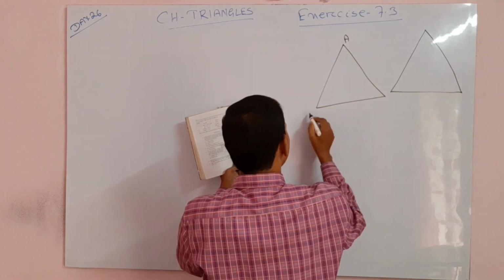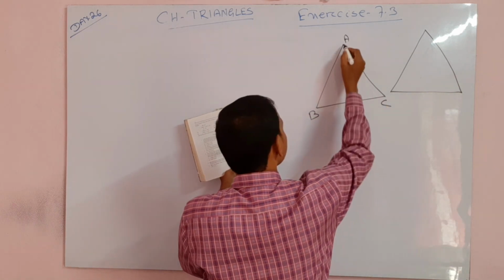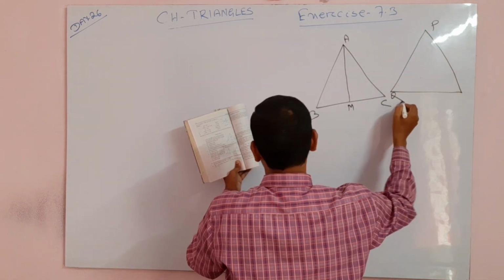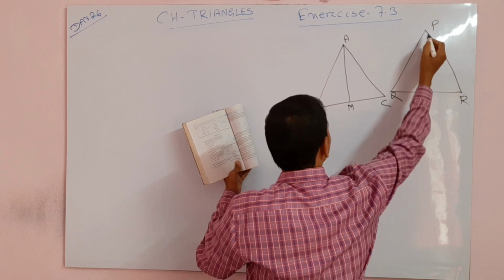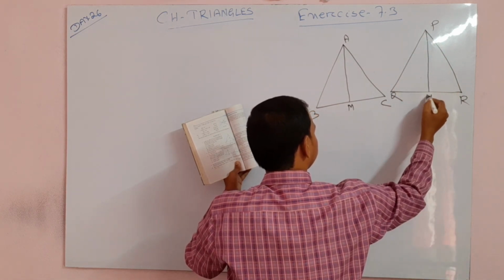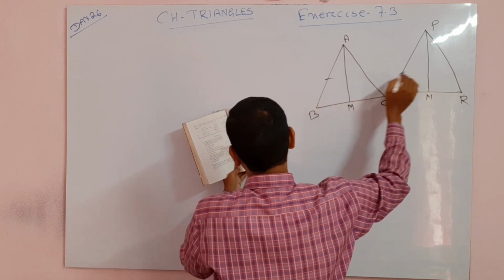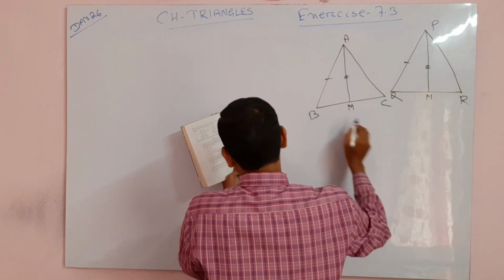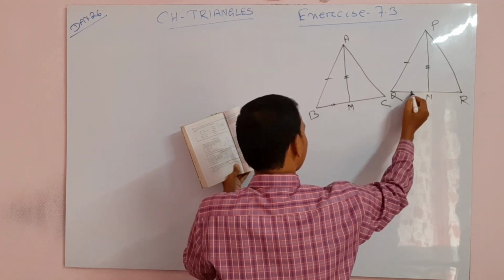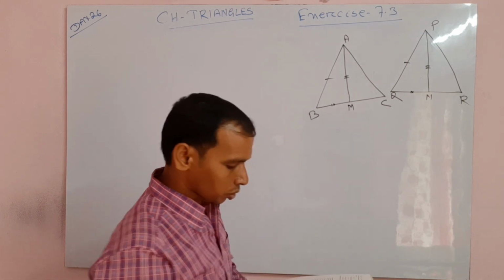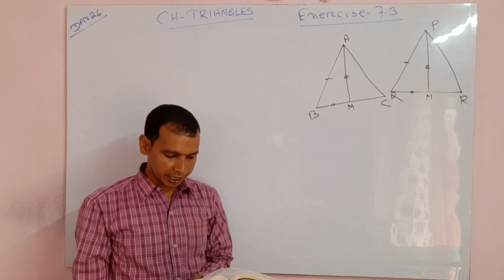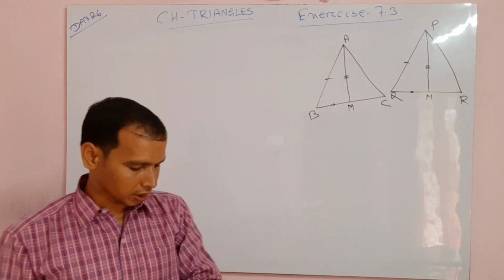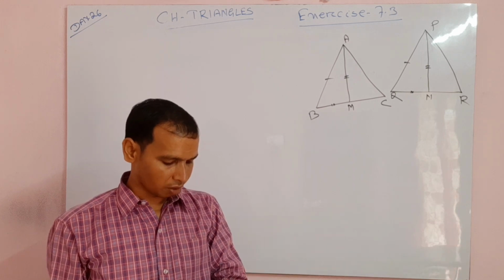This one A, this one B, this one C, this one M, this one P, this one Q, this one R, then this one N. Okay, AB equal to PQ. Next here AM is equal with PN, and here BC is equal with QR. Two sides AB and BC and median AM of one triangle ABC are respectively equal to the sides PQ, QR and median PN of this triangle.